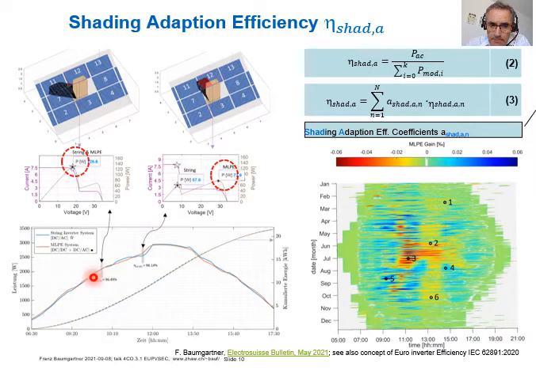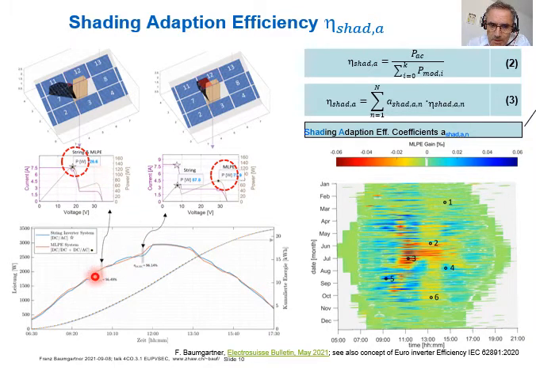If you compare these, this is the power, how it increases over the day. Here at noon you have maximum power, and you see the red and the blue lines. The red line means that here the optimizers will find the optimum power, and on the left side here the optimizer finds the same optimum power as the string inverter, and in that case we don't need an optimizer for that condition, but in that case we need it.